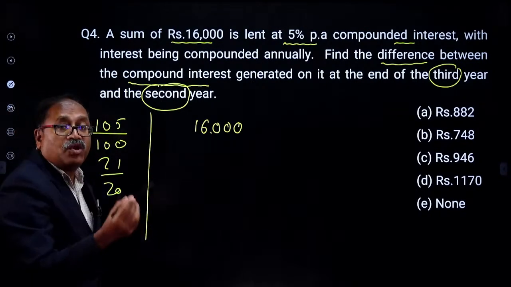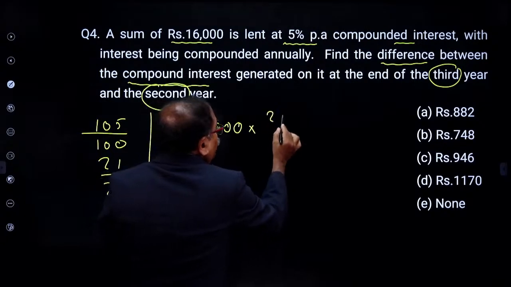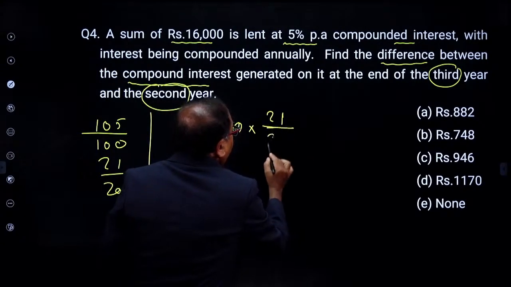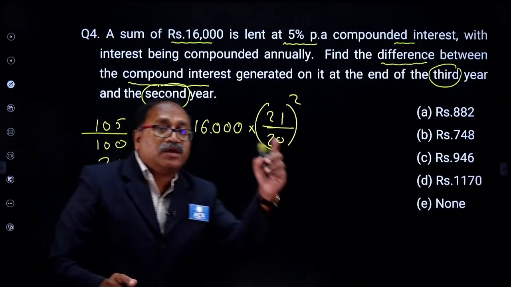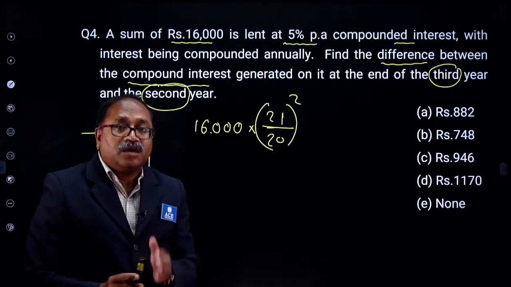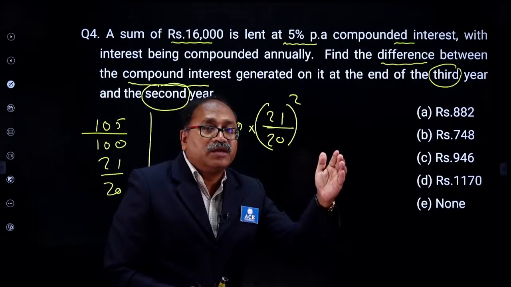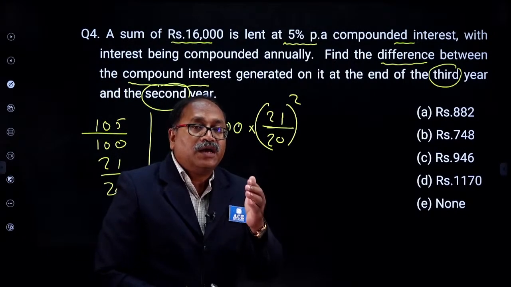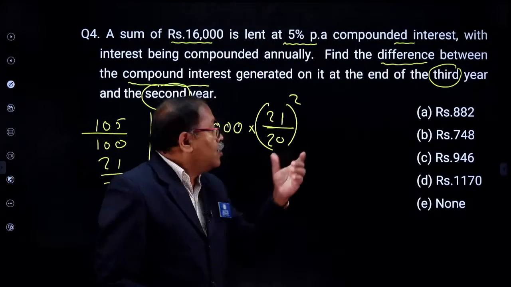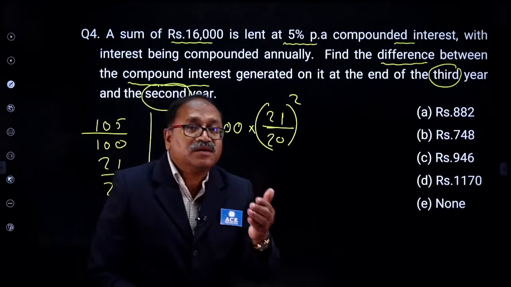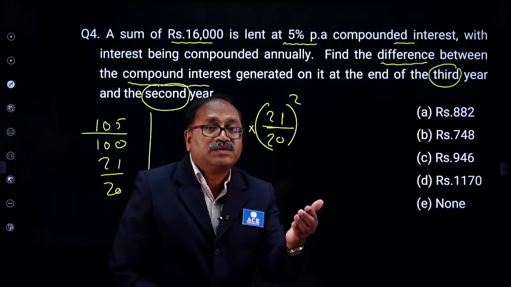So I will take 21 by 20 to the whole power 2. I am getting the amount at the end of the second year. I repeat, I am getting the amount at the end of the second year. I need the difference of second year interest and third year interest. So on this amount, if you take the third year interest, you get the difference.